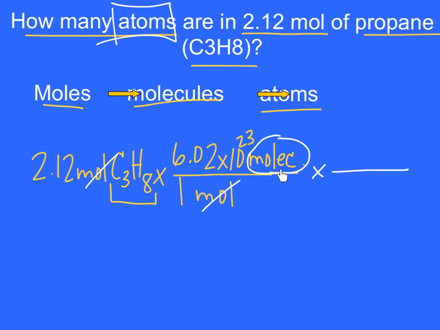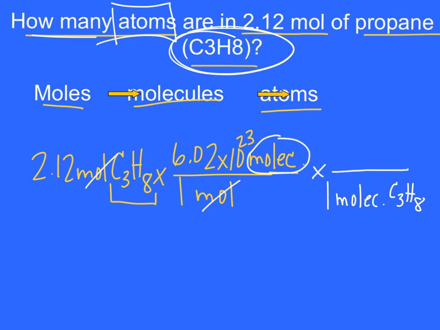Now this time, we have molecules on top. Therefore, to get that to cancel out, we want to put the molecule on the bottom. So for every 1 molecule of propane, which is C3H8, we're going to do a ratio. In 1 molecule of C3H8, how many atoms are in that molecule? So think about that.